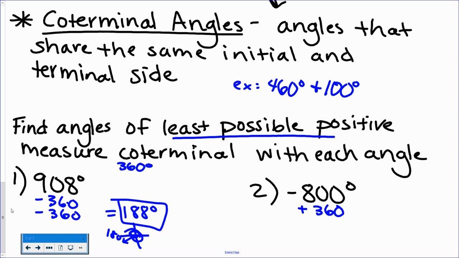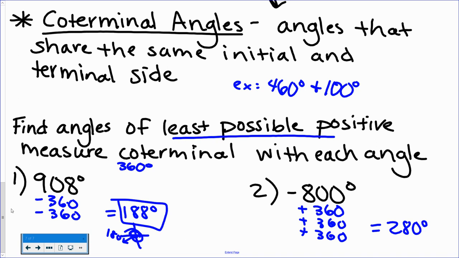So I'll be able to add 360 2 times, because I'd be adding 720. But then I will have to add it a 3rd time to actually make it positive. So I would end up at 280. If you add 360 again, you will find another coterminal angle, but it is not the least possible. It's still positive, but it's not the smallest number that we can get.